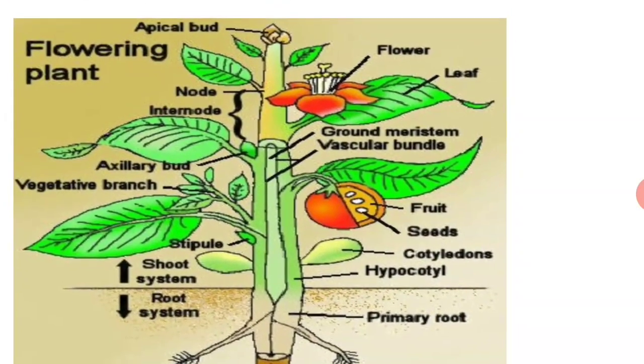There is a bud also, apical bud and axillary bud. The axillary bud is responsible for the formation of the branch, and the apical bud for the growth of the flowers as well as for increasing the height of the plant.